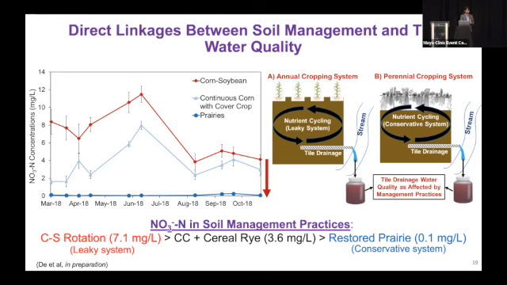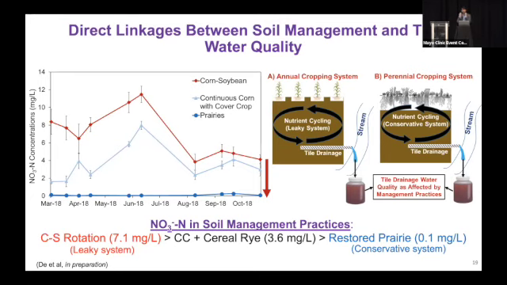Look at the corn-soybean system, it's around 7.1. When you have continuous corn with cereal rye, the cover crop, it was in between those two systems, so two extremes. One system we call a leaky system, whereas the other one is a more conservative system. But if you have the cover crops, it kind of protects against nitrate leaching.